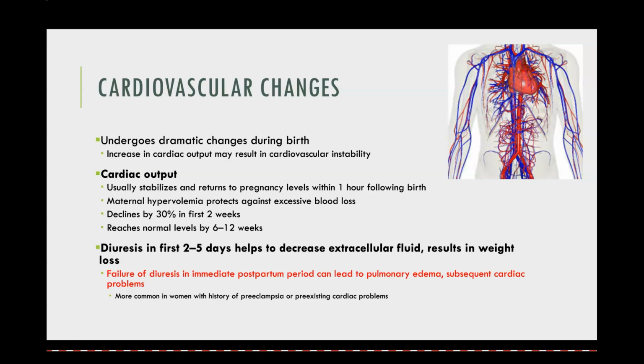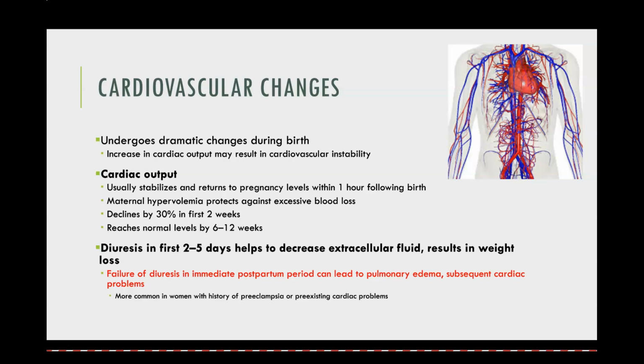All of that helps protect your mom against what we know is going to happen during labor and delivery, which is blood loss. In the first couple of weeks, your patient's cardiac output is going to decrease by about 30%. And it will reach back down to its normal level by 6 to 12 weeks postpartum.